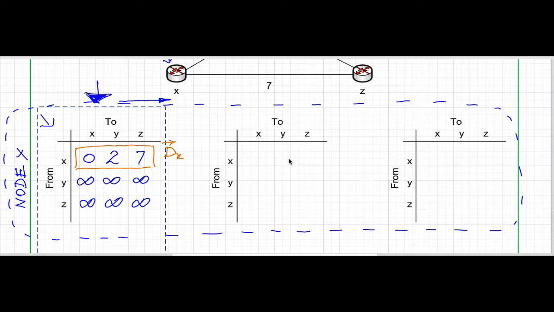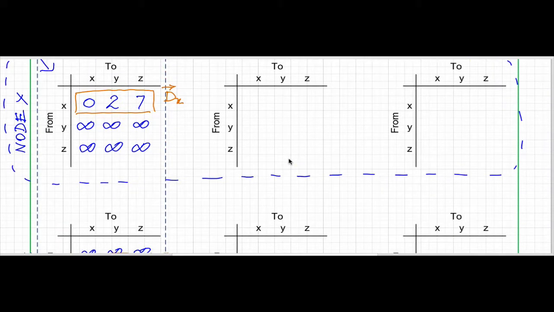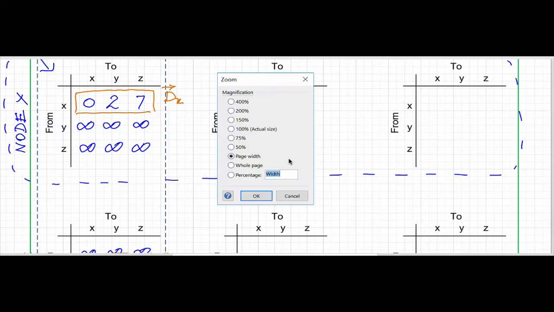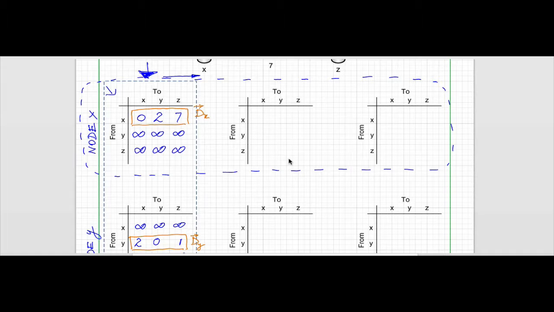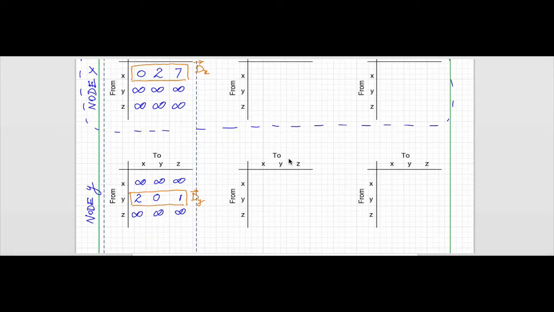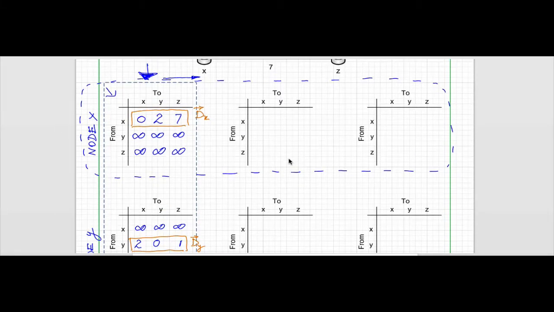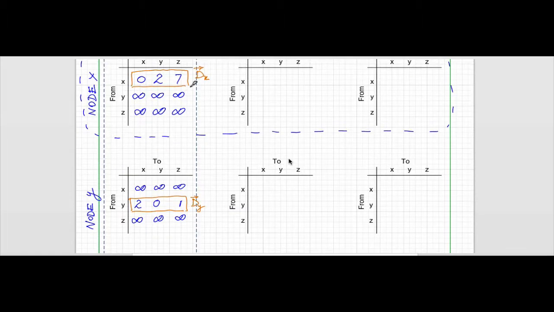So let's draw lines to illustrate that. Let me zoom out a little bit. Here we're going to zoom to 100%, I believe. Yes, that works. And we're going to say that X is going to send this vector to Z. It's going to be sent this way to Z, and it's going to appear here.